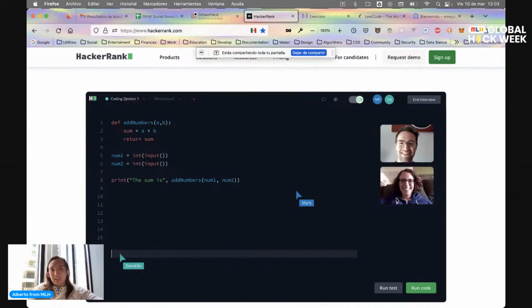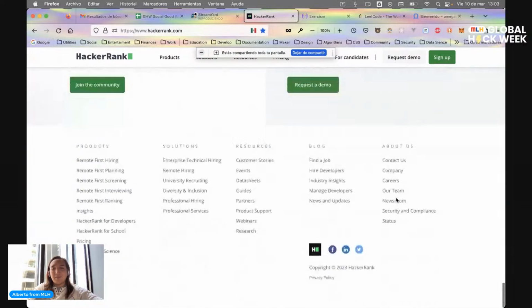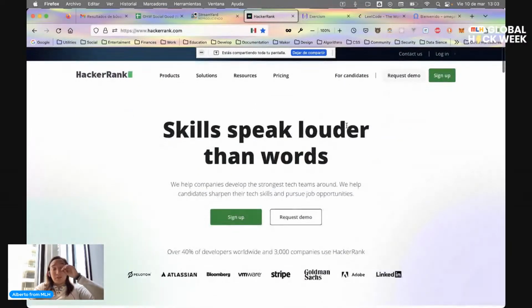There are examples. For example, here you can make yourself an account and start resolving problems, just like the FizzBuzz we did before, or like find the maximum.